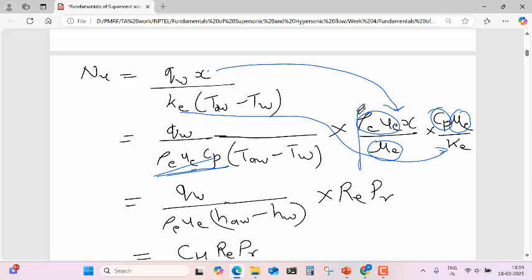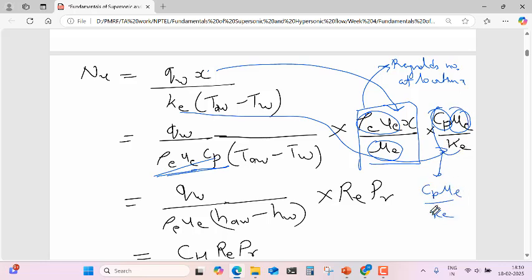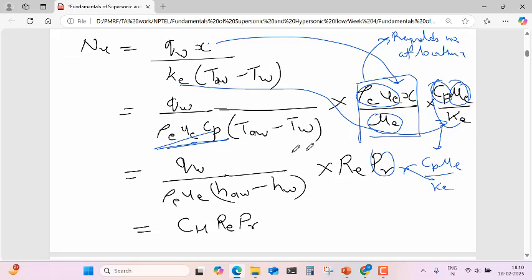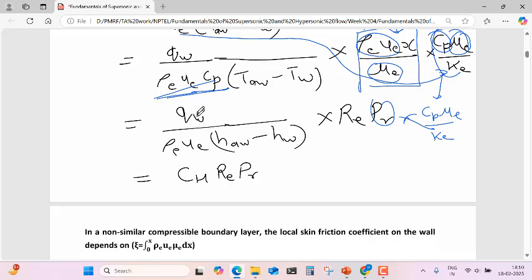So this term, rho e Ue x upon mu, is the definition of Reynolds number at location x. And Cp mu e upon Ke is nothing but Prandtl number. So it becomes Qw upon rho e Ue.